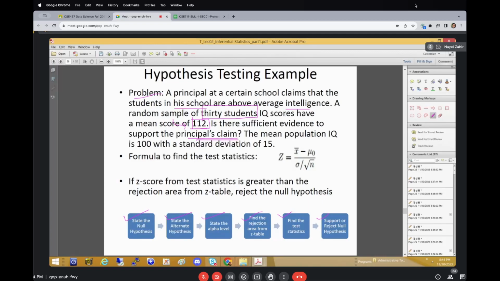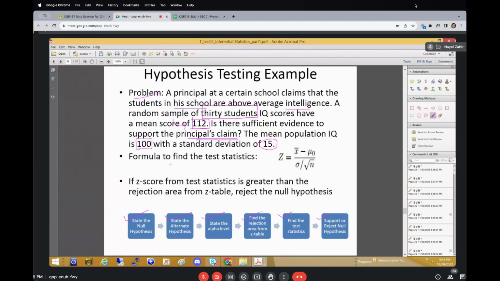Additional information is given: the mean population IQ score is 100 with a standard deviation of 15. This is for the general students' IQ score and their standard deviation.